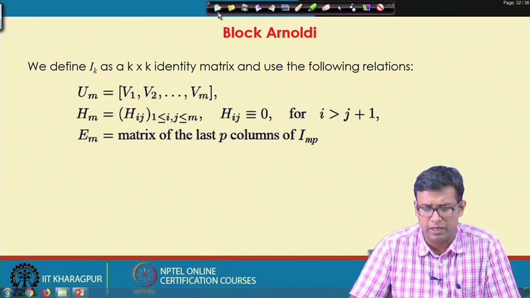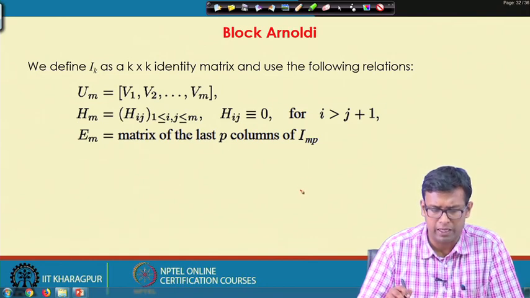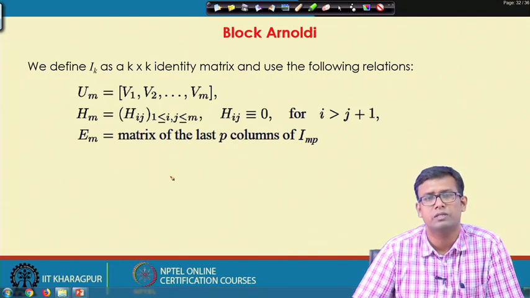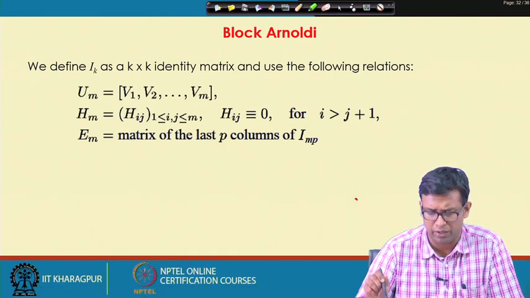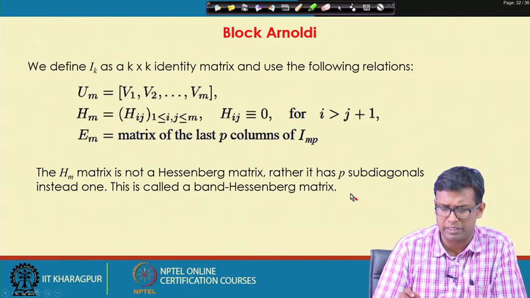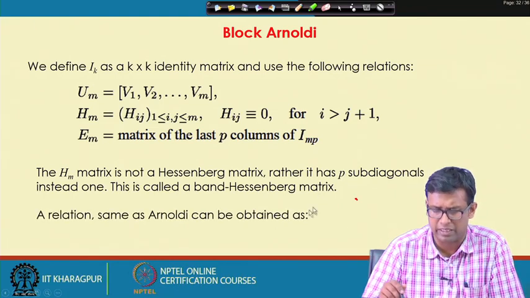We define I_K as the identity matrix, and we will see that the following relationships hold, similar to the relationships we got for the simple point Arnoldi method. The Heisenberg matrix H_m is not a Heisenberg matrix, rather it has p subdiagonals, and it is called a banded Heisenberg matrix.